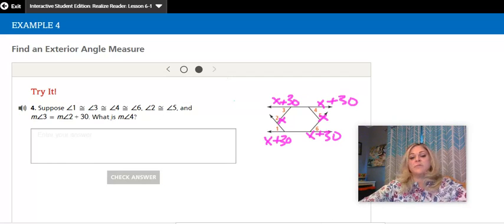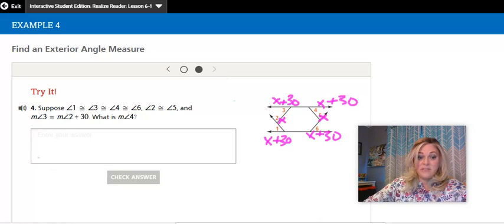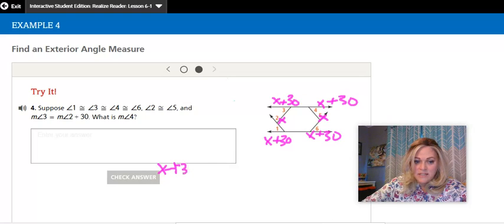So what is the measurement of angle 4? I'm hoping you can tell these are exterior angles, and the total of convex polygon exterior angles should equal 360. You can do this a couple different ways. I'm just going to multiply. I have 1, 2, 3, 4 of those x plus 30s, and then I have 2 x's, which equals 360.